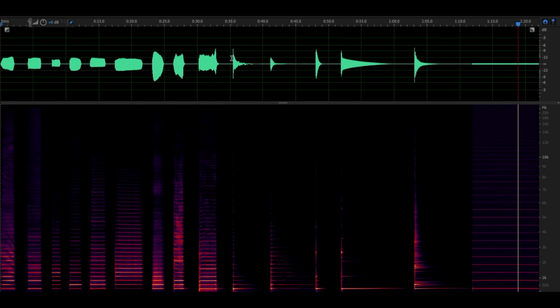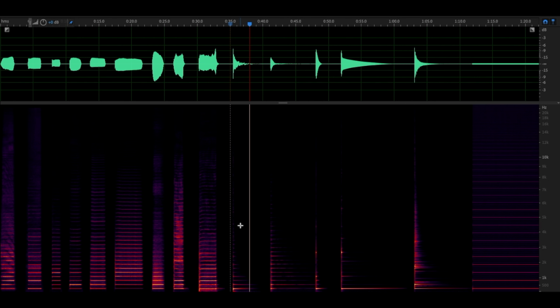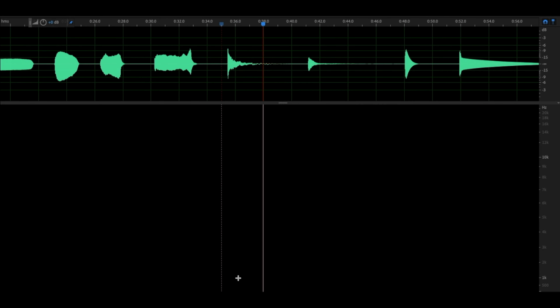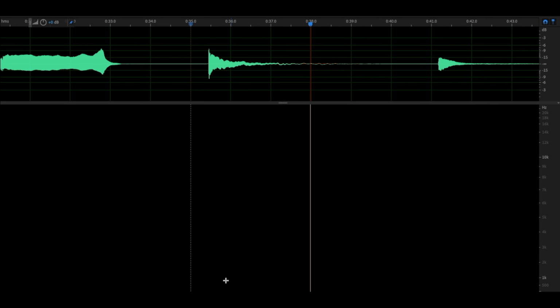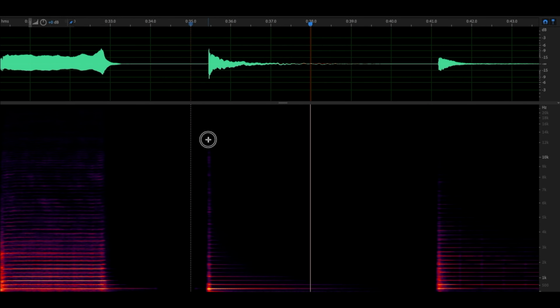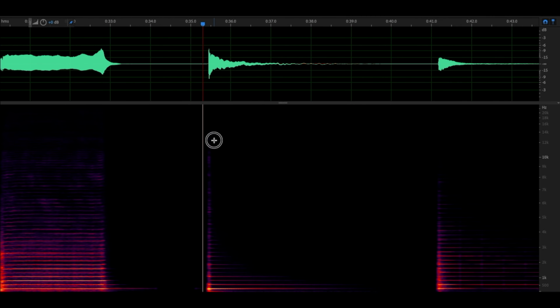So notice how, for example, here we see the guitar. We can describe its timbre both through the waveform and frequency spectrum. We can see that the guitar has a lot of frequencies, a lot of partials at the very beginning.